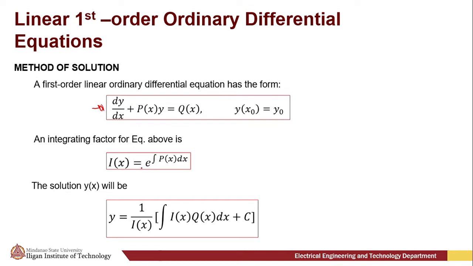This integrating factor will be multiplied back to our differential equation so that it will be easy for us to integrate this equation. In the final form of your solution, you have y of x equals 1 over the integrating factor I of x times the integral of I of x, q of x dx plus c.